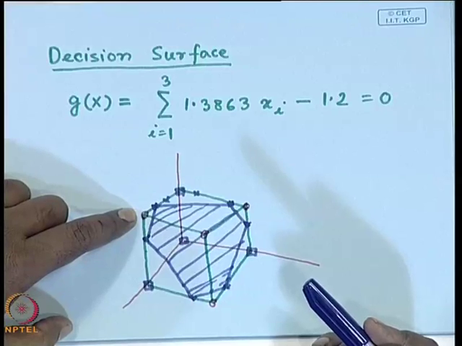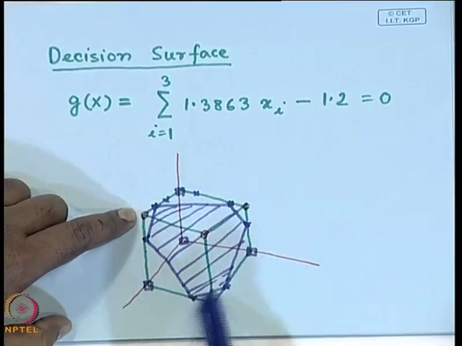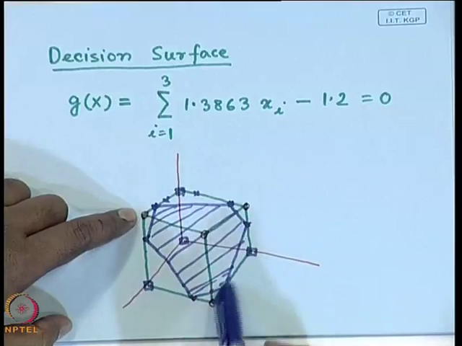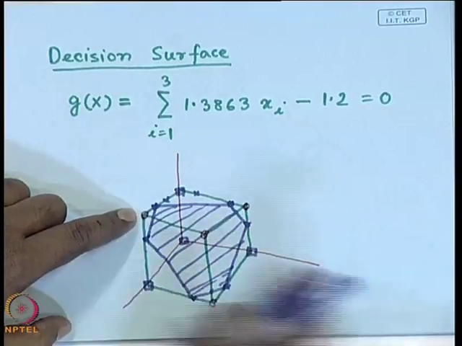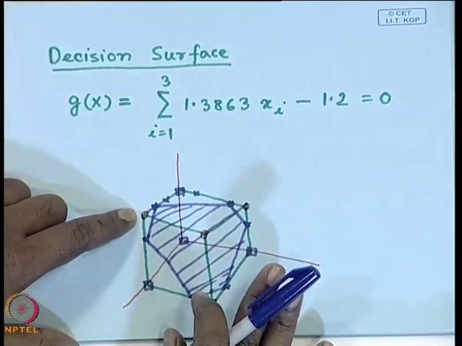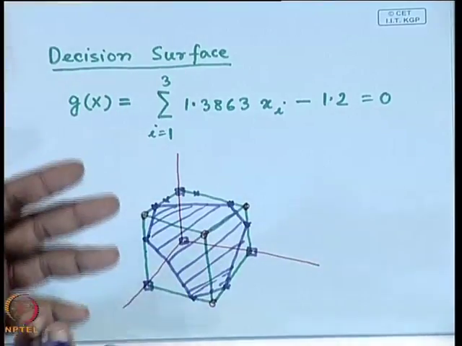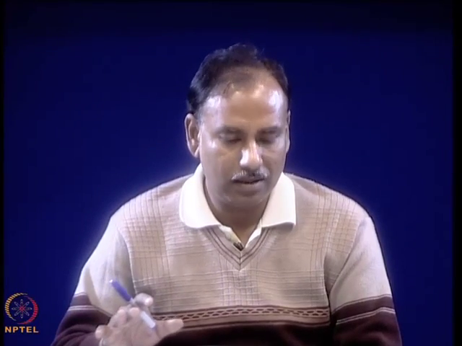So you find that I again get a simple hyperplane in 3 dimensions, it is just a plane, which is a boundary between the two classes omega 1 and omega 2. If the probability values are different, if different p_i have different values, then the position as well as orientation of this plane may be different.